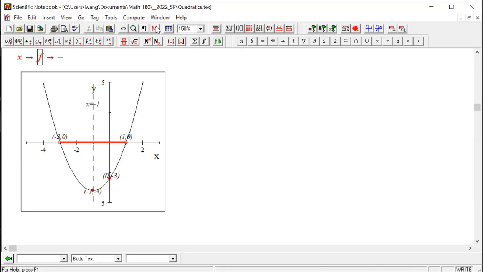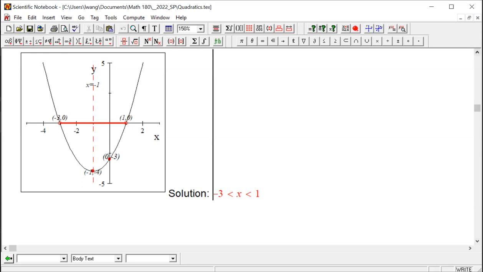X is greater than -3 and less than 1. What it means is that if you choose any value between -3 and 1, it's guaranteed that your output will be negative.